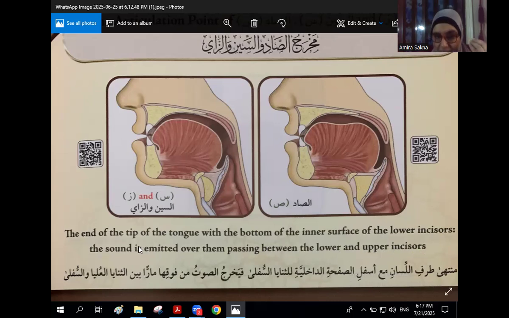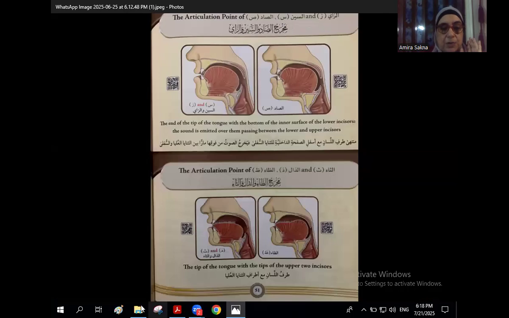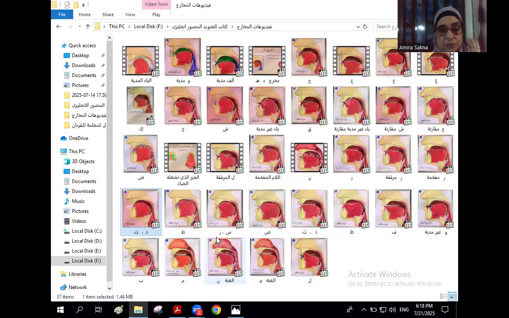Because the sound is emitted from a very tiny passage, it will have this sharpness, which we call صفير or whistling. This is one of the main sifat of those three letters. They all have the characteristic of الصفير or the whistling. Fine? Fine. Okay, let's go to the videos.